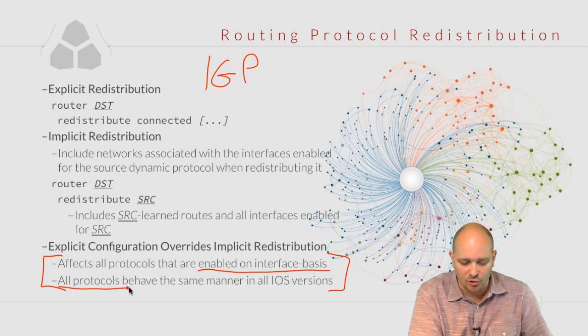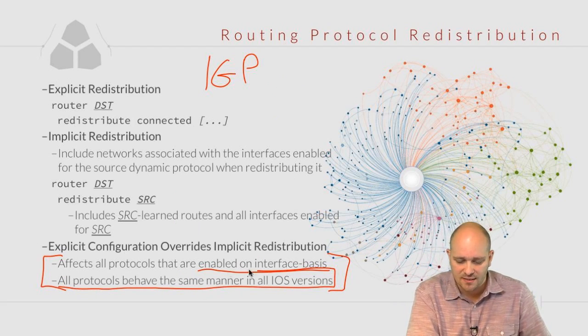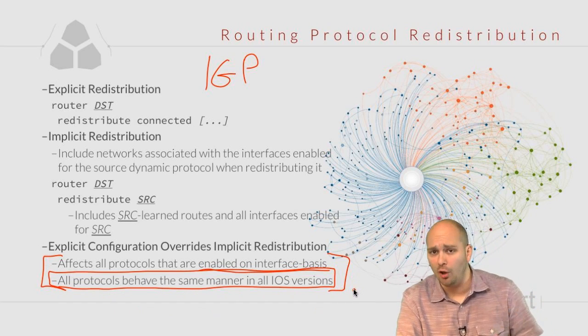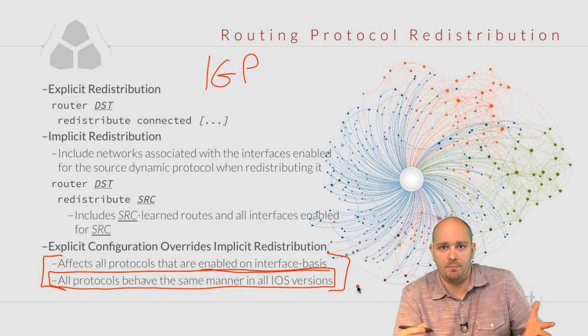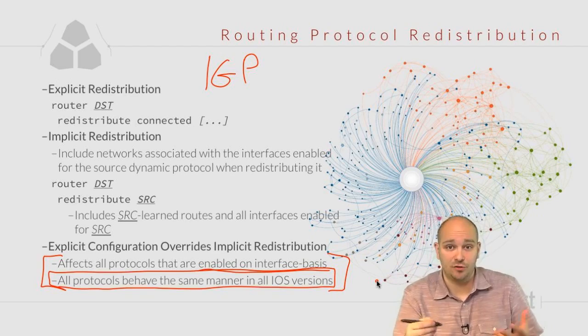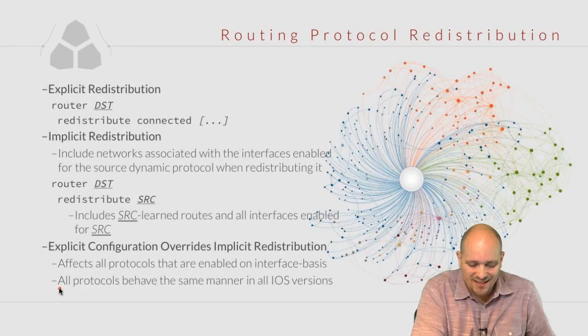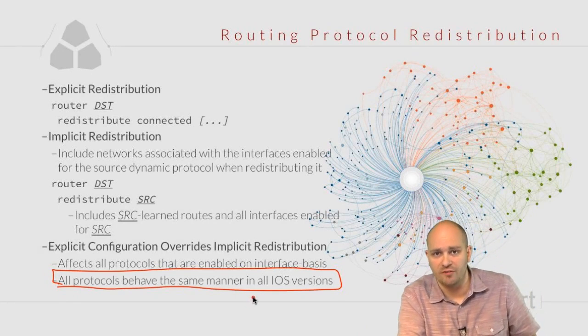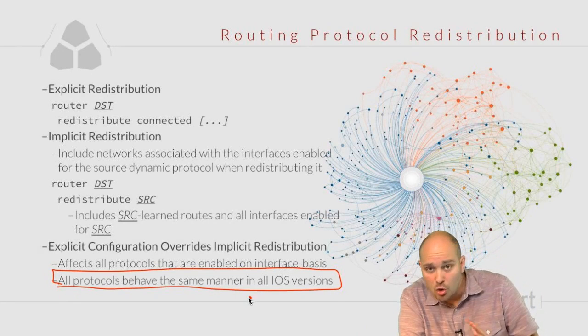And this is the behavior that is the same across all IOS versions. All, starting from 11 something up until 15.4.1, which is the latest one that I have tried this in.